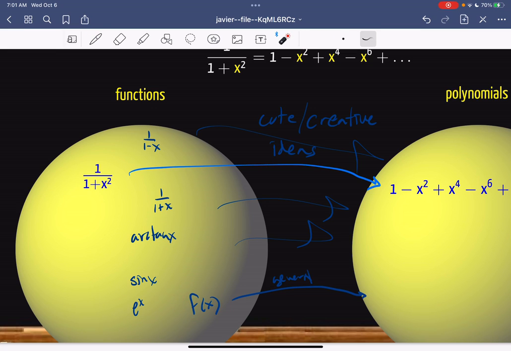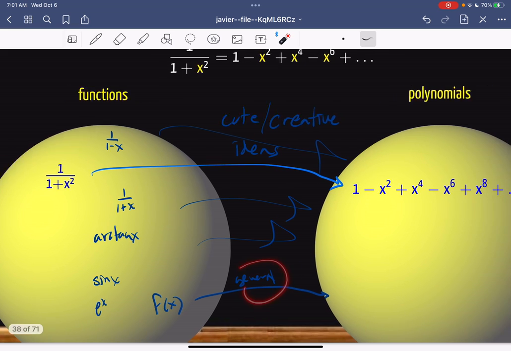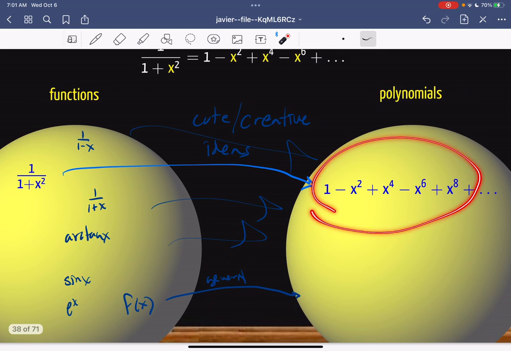One of the most creative ideas you'll experience in all of your college career, probably in all of your life. This creative idea will take almost any function, let's say any nice function, and expand it into its Taylor polynomial. That idea is super amazing. We've got to develop that, but right now it's not the time. I'm just telling you what things we can look forward to. We also got to talk a lot more about these polynomials.